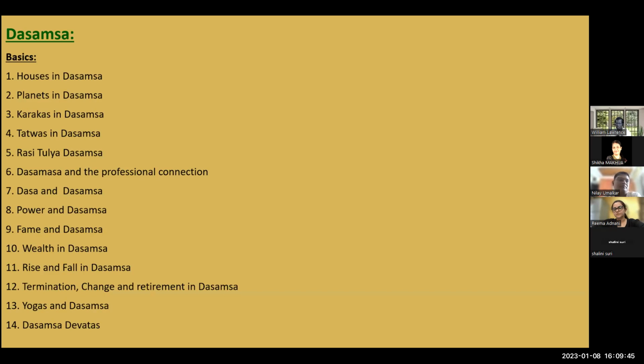If you look at profession, some professions are very clear in the D1 chart, but some can be clear only in the Dashamsa chart. For example, you may not be a very successful person, and then it is clear in the D1 chart what you are going to do.